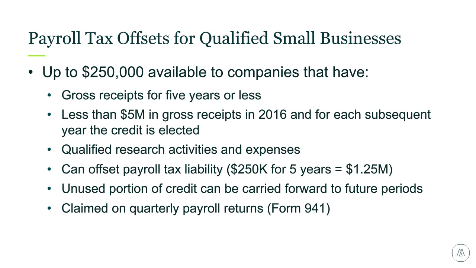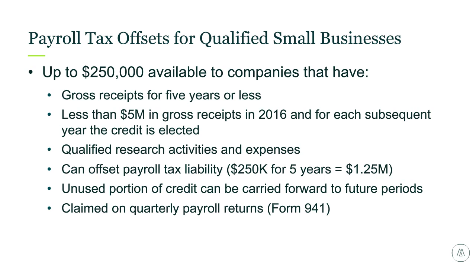This is beginning again after 12/31/15, so tax years starting January 1st of 2016. And this essentially is making the credit a refundable credit capped at $250,000 per year for up to 5 years, which is a total benefit of $1.25 million. And that can be taken with no income or little income.